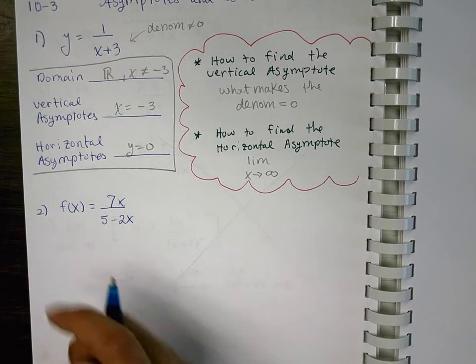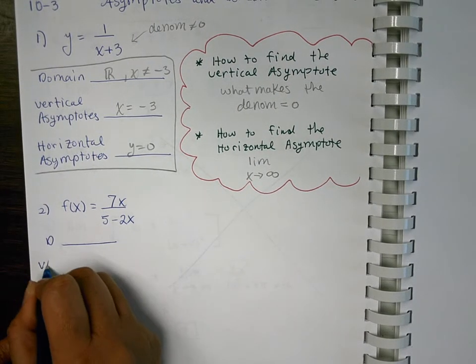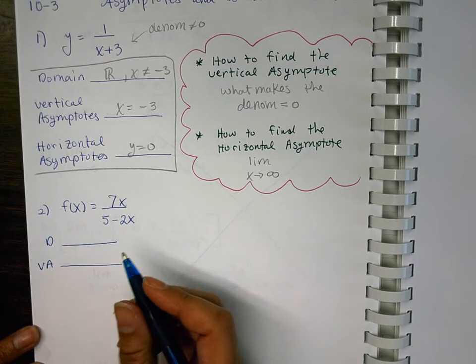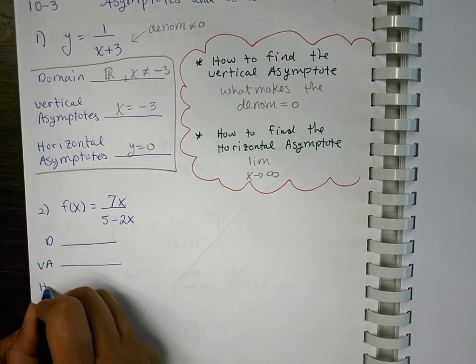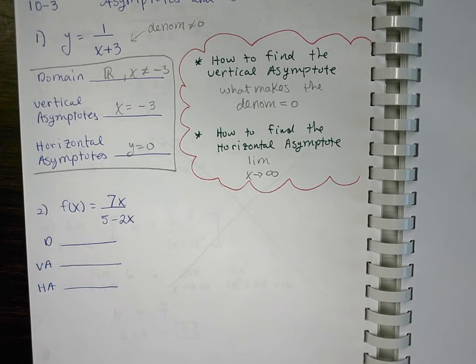I'm just going to use D, and D stands for what? Domain. And then VA stands for vertical asymptote, and HA stands for horizontal asymptote. And we will eventually add a SA. That'll be another lesson where we add a slant asymptote. That'll be tomorrow.